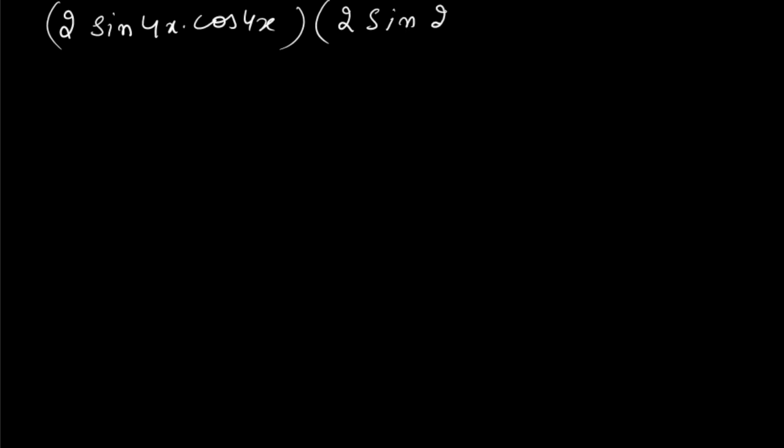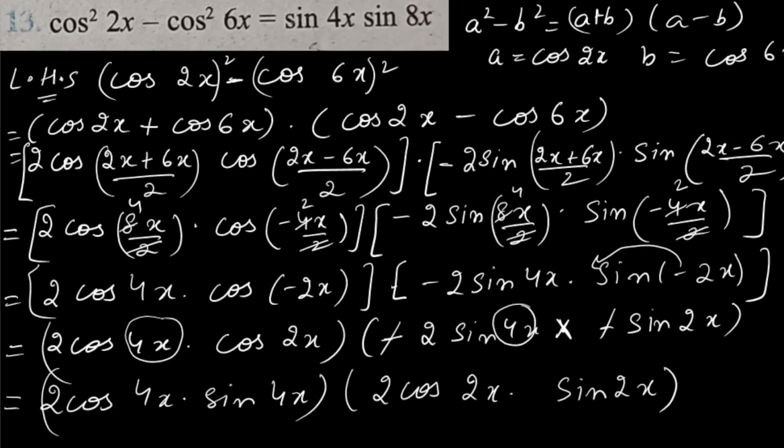Now I will just write them as 2 sine 4x into cos 4x. Just a rearrangement, because multiplication is commutative, so it won't make any difference. Then 2 sine 2x into cos 2x. Okay, let me check if I have written it correctly.